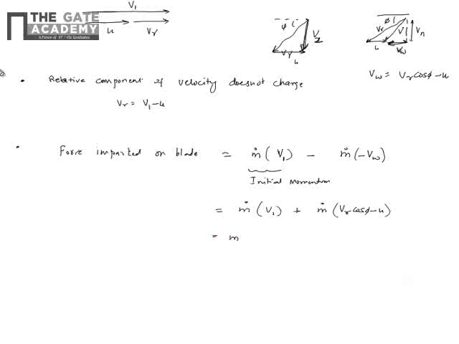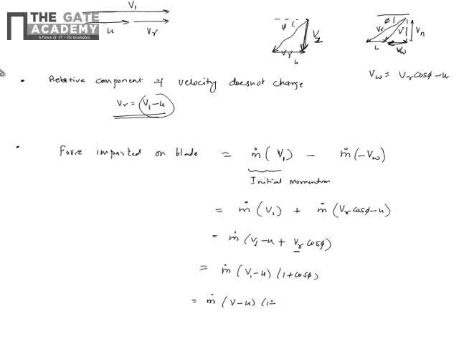Now Vr, we have assumed that it doesn't change, so m dot times v1 minus u plus Vr cos phi, and Vr I can write as v1 minus u, so the entire thing can be written as m dot times v1 minus u times 1 plus cos phi, where v1 is the velocity that comes out of the nozzle.